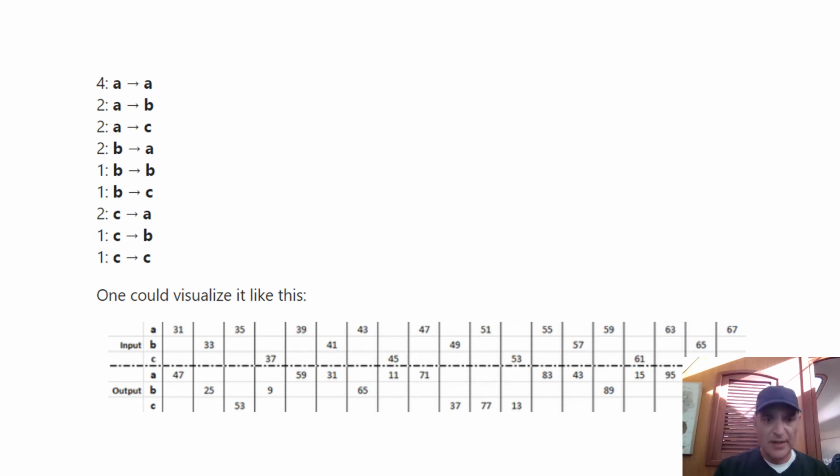Well, here you can see it in the lower half of this table, so that 31 is congruence A, and 47, the output, happens to be congruence A as well, and 33 is congruence B, and 25 happens to be congruence B as well. But then we get to 35, and that's congruence A, and the output is congruence C. And then the next one is input 37, which is congruence C, and the output is congruence B.